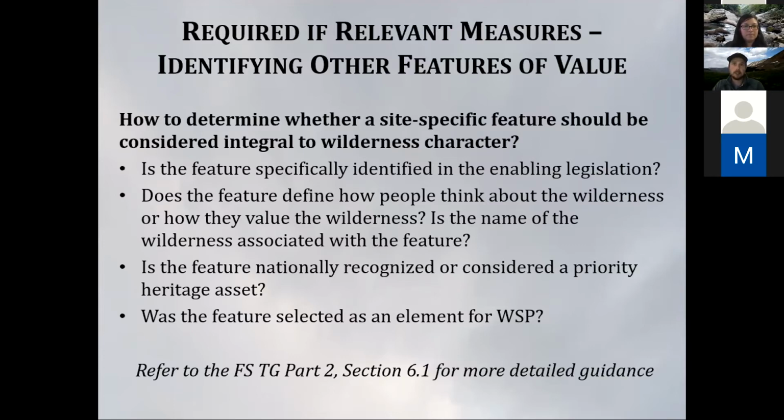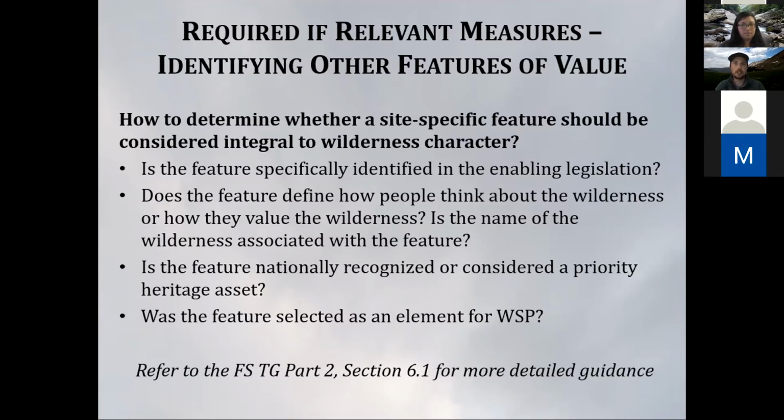Secondly, does the feature define how people think about the wilderness or how they value the wilderness? Is it the name of the wilderness, for example? An example of this is Saguaro Wilderness in Arizona. The saguaro cactus is an integral feature of that wilderness area, and whoever was completing that wilderness character monitoring would likely want to select that measure.